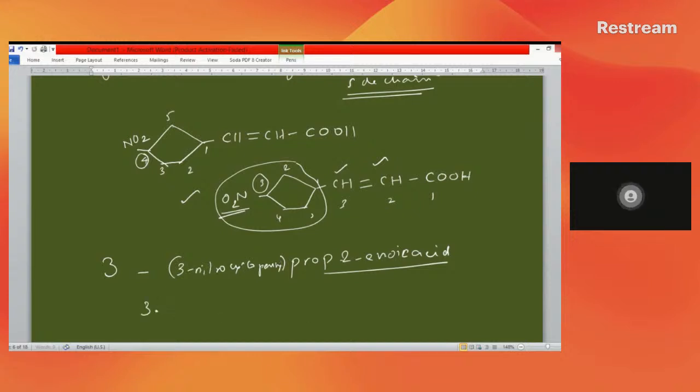I repeat, 3-nitrocyclopentyl prop-2-enoic acid. This number 3 is indicating the third carbon is connected with the ring structure. This 3 is indicating the position of nitro. And 2 is indicating the unsaturation in the parent chain. Very, very simple. Okay.